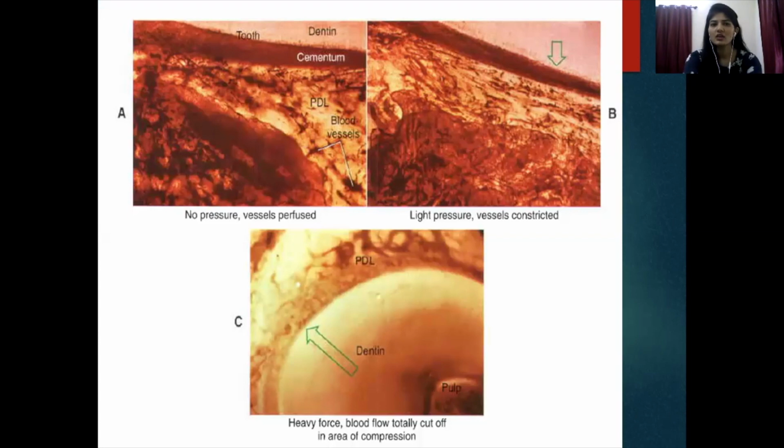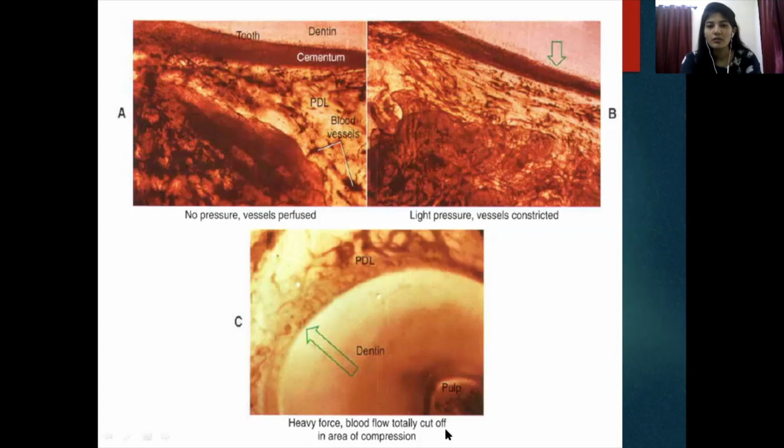So this is the histological representation of light pressure and heavy forces. Diagram A shows there is no pressure and the vessels are perfused. When there is light pressure in diagram B, you can see slight constriction of the blood vessels. With heavy forces, the blood flow is totally cut off. You cannot see any blood vessels or any red pointed area here.